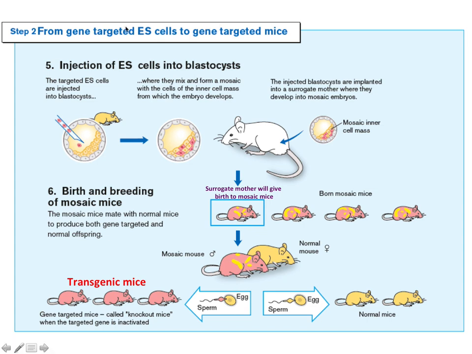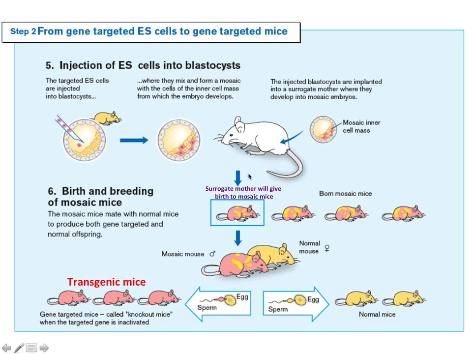For that, you inject the targeted embryonic stem cell into the blastocyst of another mouse, where they mix to form a mosaic with the cells of the inner cell mass from which the embryo develops. So the mosaic, meaning altered, embryo is developed, and you can implant this mosaic embryo in a surrogate mother.